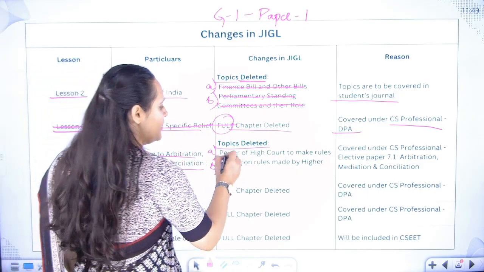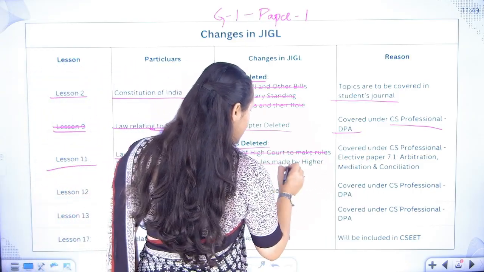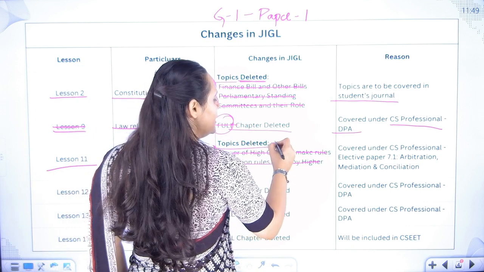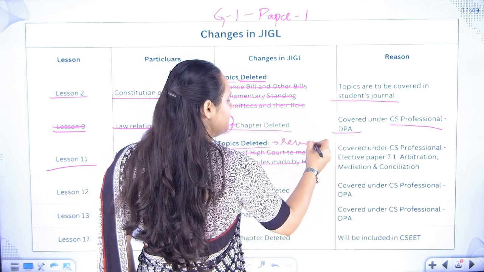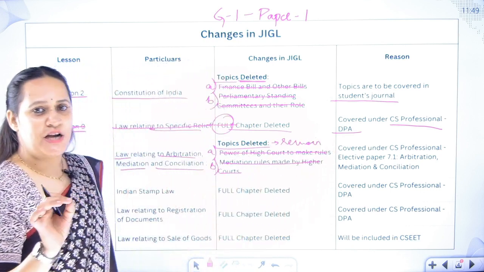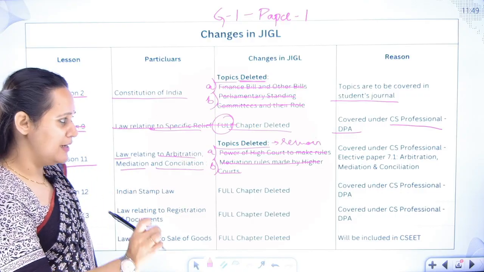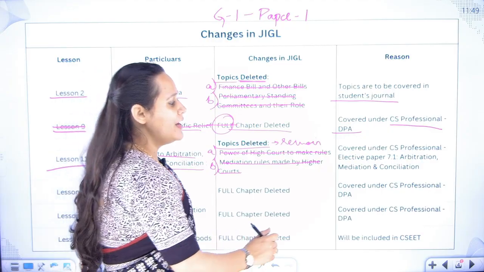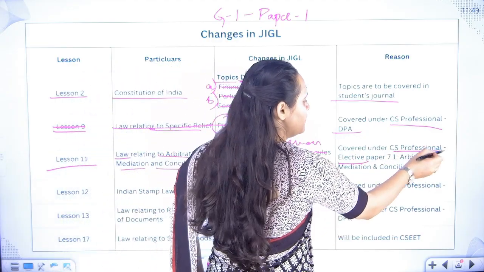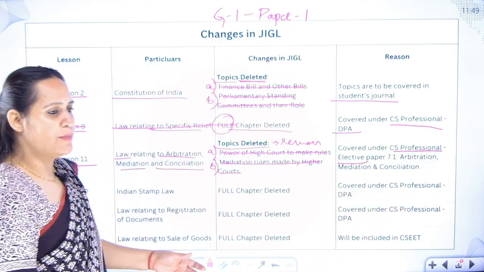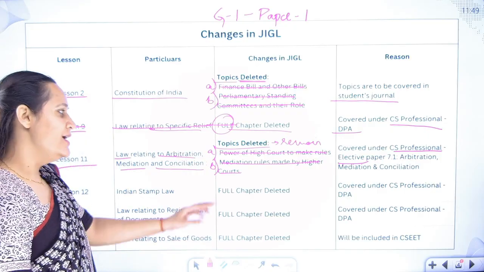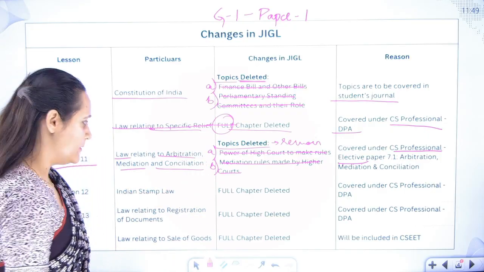These 2 topics have been deleted from that particular chapter. All other things remain the same. Other contents of the chapter are same applicable. Only 2 topics from the chapter have been deleted. Why? Because it is covered under the elective paper of the CS professional program, arbitration, mediation and conciliation. That is why from here they have deleted.